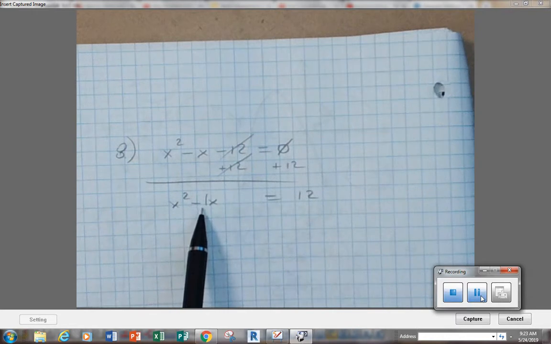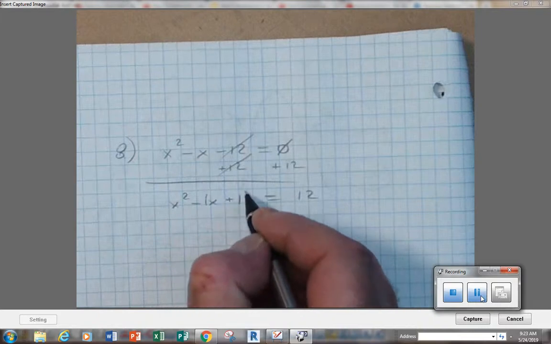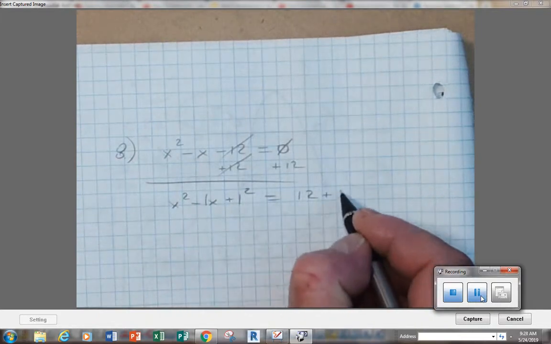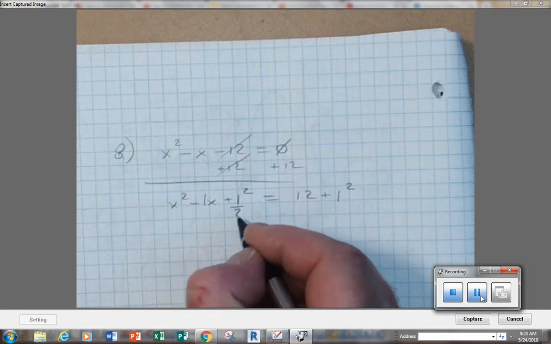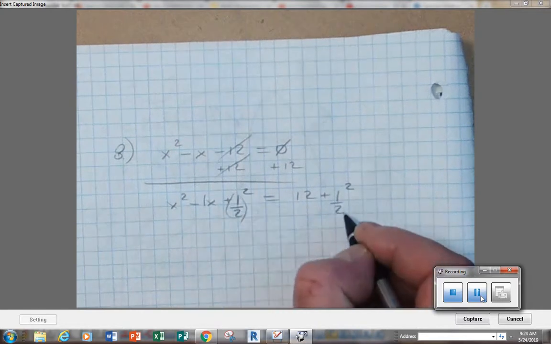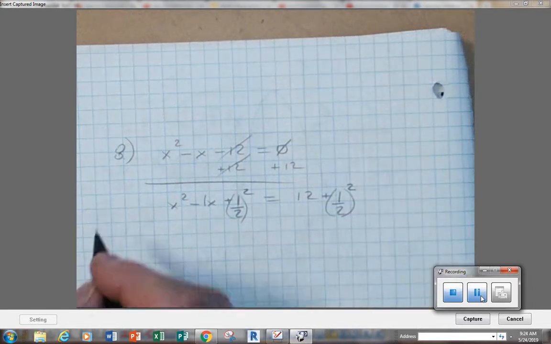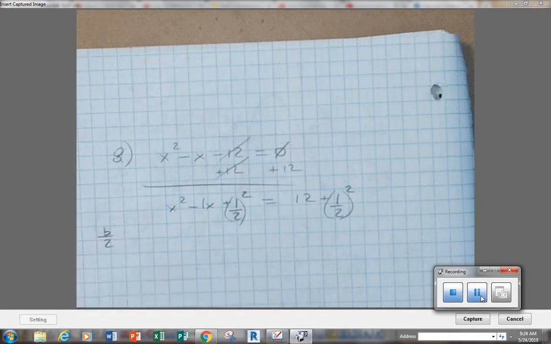I don't care, it's negative. I'm just going to take half of b, which is 1. I'm taking the absolute value of that. Half of 1 squared is what I'm going to add to both sides. And half of 1, I'm sorry, is 1/2. Half of b. That's what I'm adding squared.